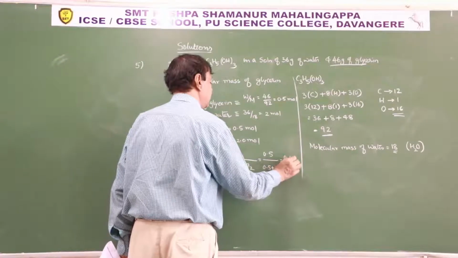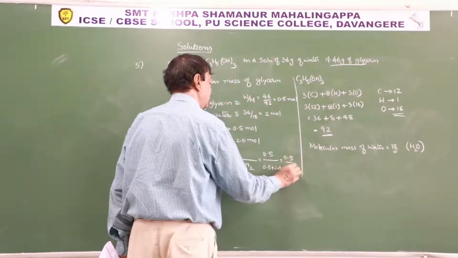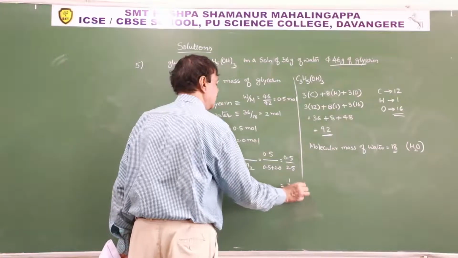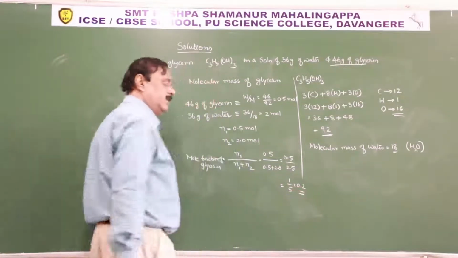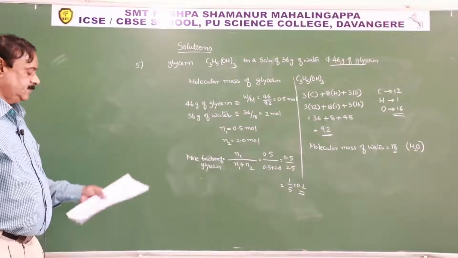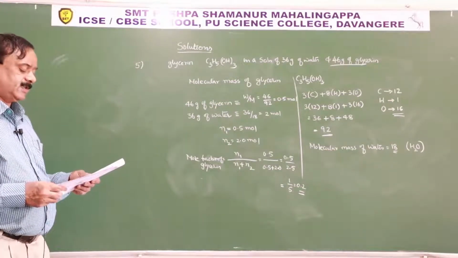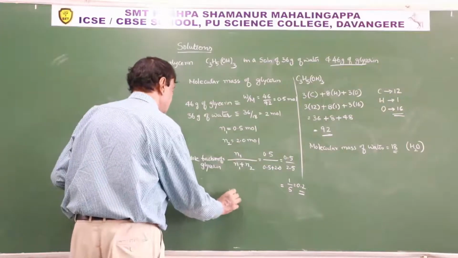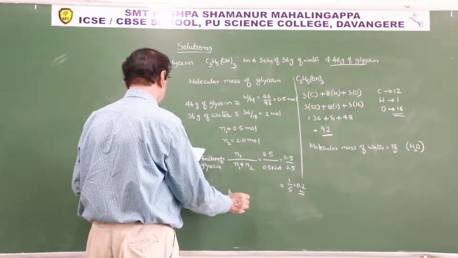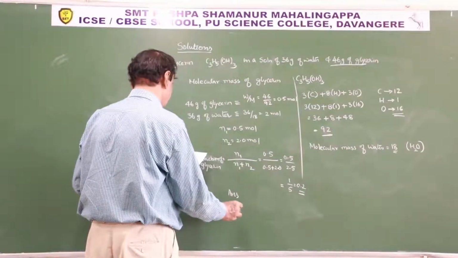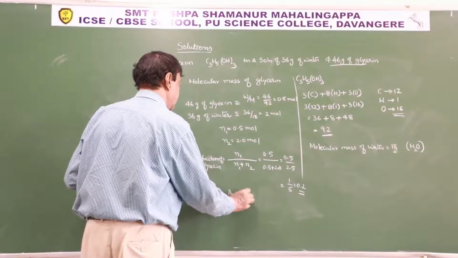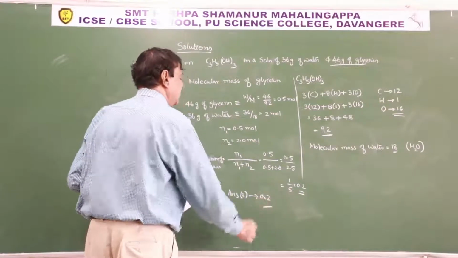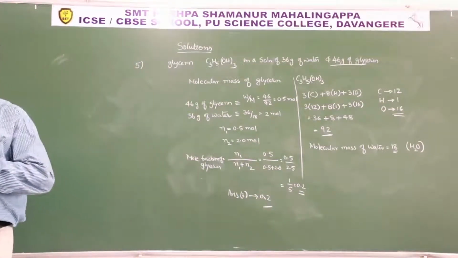That is 0.5 divided by 2.5, that is equal to 1 divided by 5, that is 0.2. Therefore the mole fraction of glycerine is 0.2. Answer for question number 5 is option 3, that is 0.2. It is a mere number, it has no unit.